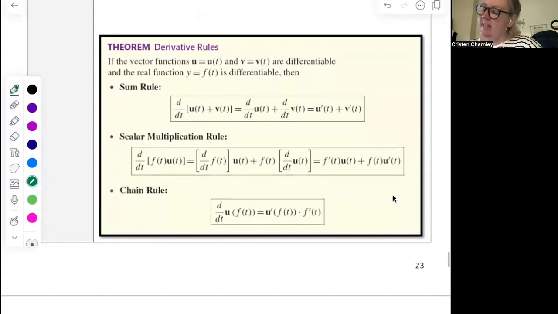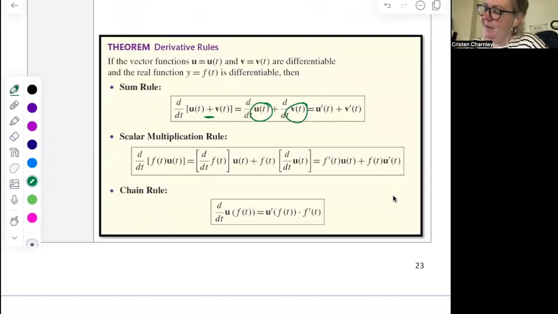Derivative rules. If the vector functions u equals u of t and v equals v of t are differentiable, and the real function y equals f of t is differentiable, then the following is true. Goodness, my words are stuck today. Your sum rule could be your sum or difference rule. This is really the derivative of two things separately, so you can find the derivative of the u term and the v term, no problem.